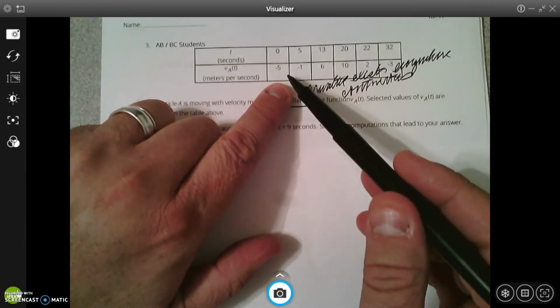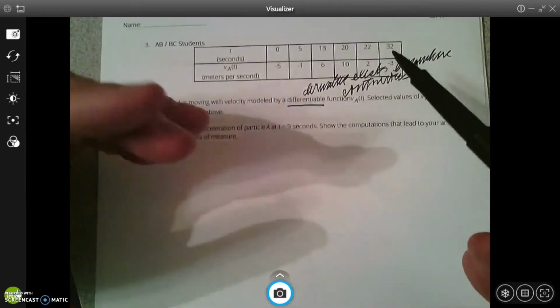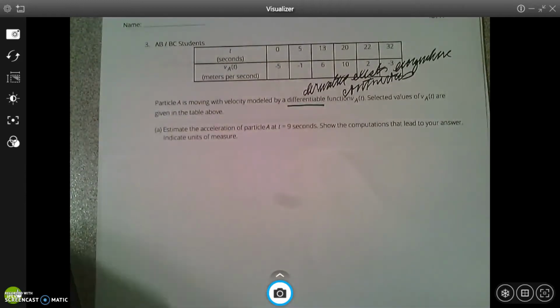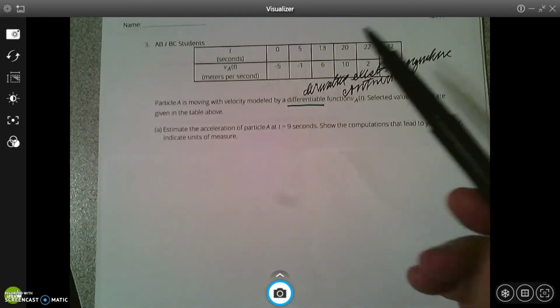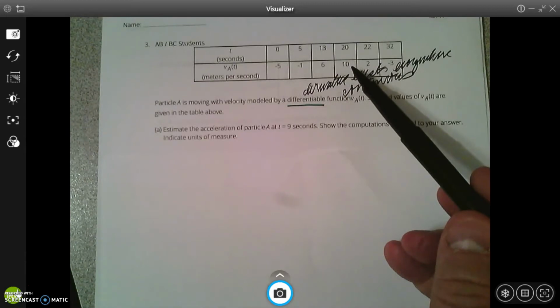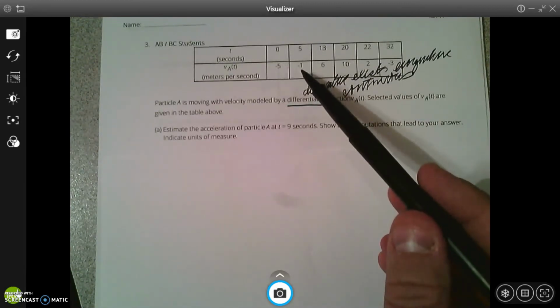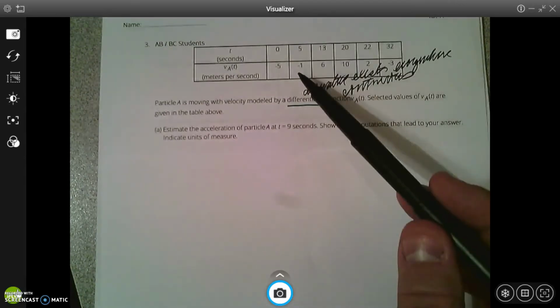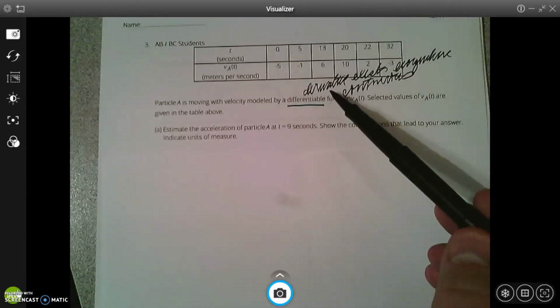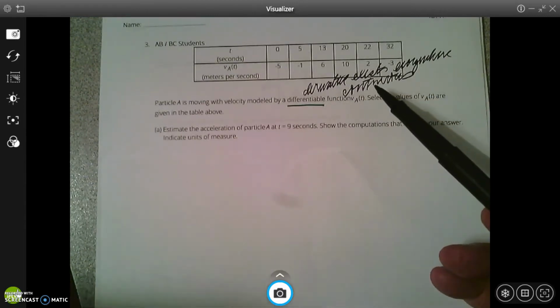I know some students like to plot the points and then kind of get a sense of what the graph looks like, and that's good. There's nothing wrong with doing that, but you need to keep in mind all we know are these 6 points. You don't necessarily know how the function is behaving in between, other than however the function behaves, the derivative is going to exist everywhere, so no sharp turns, no vertical tangent lines, and the graph is going to be continuous.